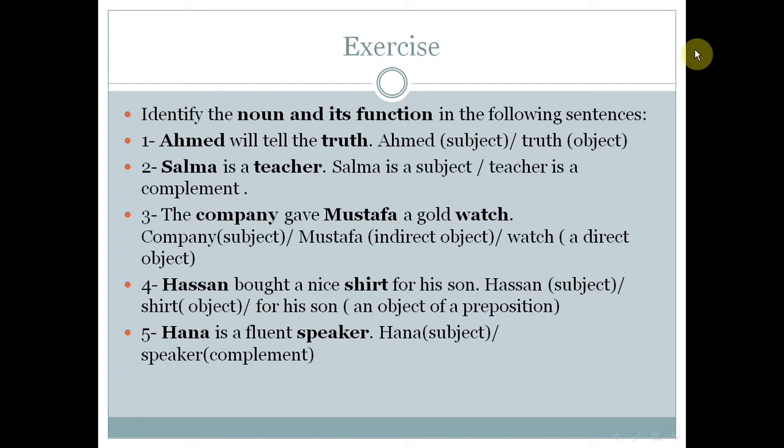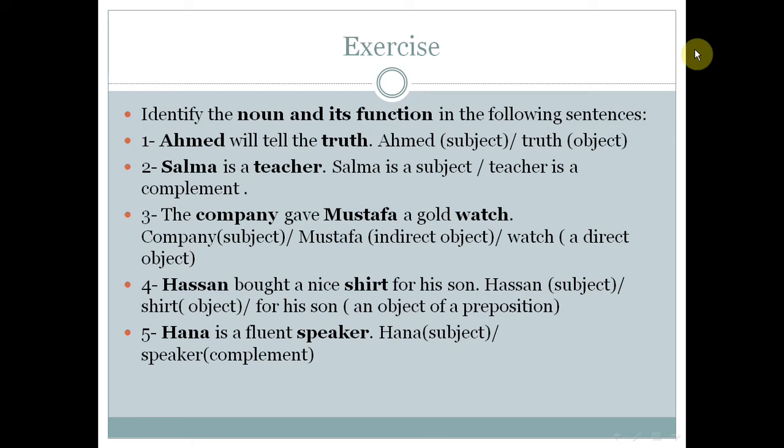Number 4. Hassan bought a nice shirt for his son. Hassan is the subject. Shirt is an object. For his son is an object of a preposition. So here we have three nouns: Hassan, shirt, for his son. So for his son is an object of a preposition.